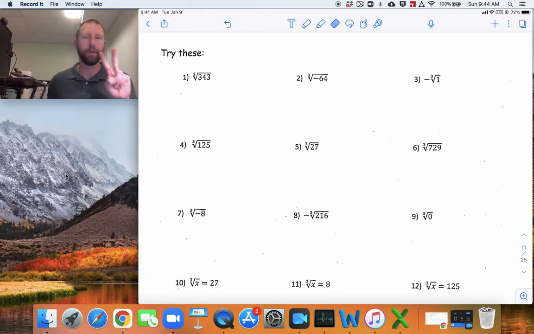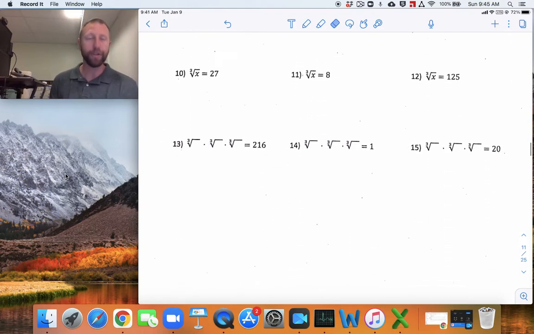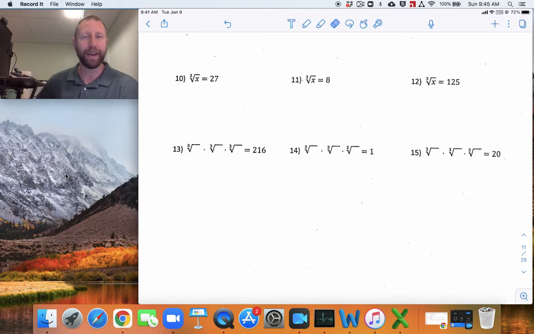So I'm just using the number twice. But for cube roots, it's 3 times, right? So I'm thinking what times what times what is going to be equal to 343 for that first one. So go ahead and do those, and then check your answer with the answer key. And make sure you ask your teacher if you have any questions.